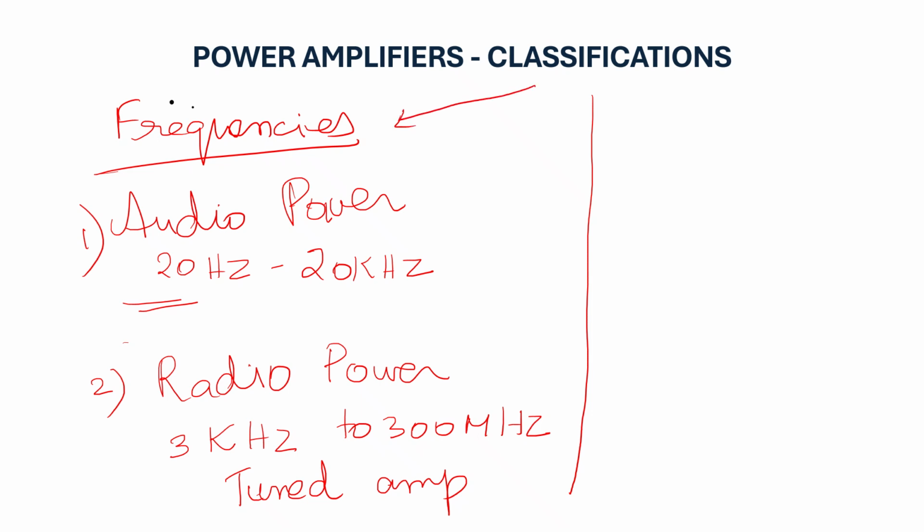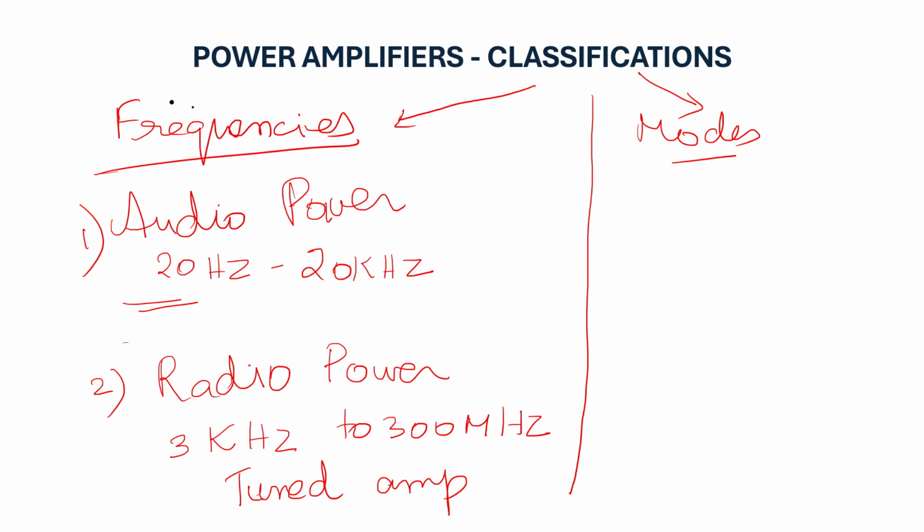frequency. We have another classification based on the modes of operation, depending on the operating mode of the amplifier. Generally we use BJT for amplification. Further developments have been used with other semiconductor devices too.